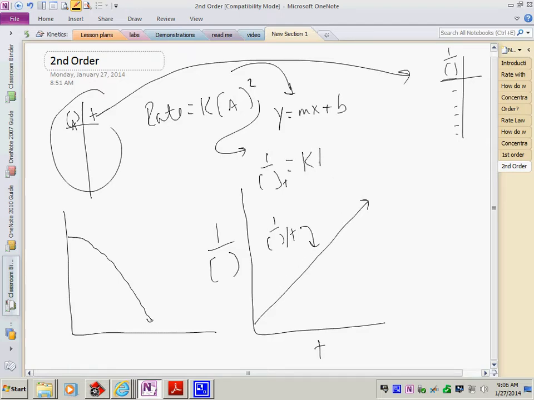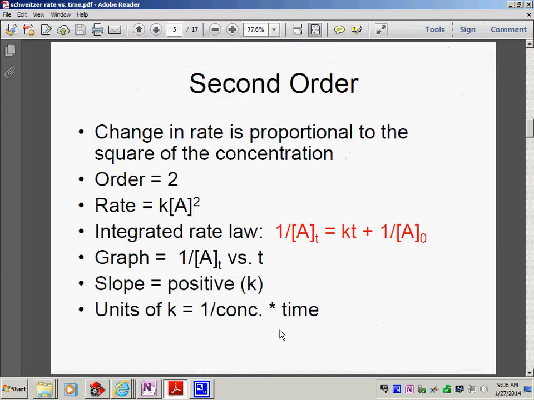X would be time, and then this is going to be 1 over the concentration at time 0, where we cross the y-axis. A couple things I might note is that this happens to be positive because it's inverted. Again, simply 1, 2, 3, 4 variables, and you give me 3 of them, I'll find you the 4th. All right, flip to the PowerPoint. See what we got here. There's my equation. We've got a positive slope.